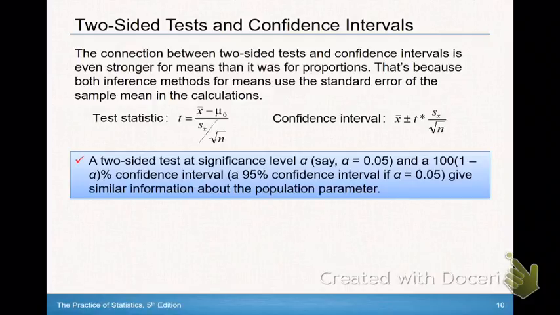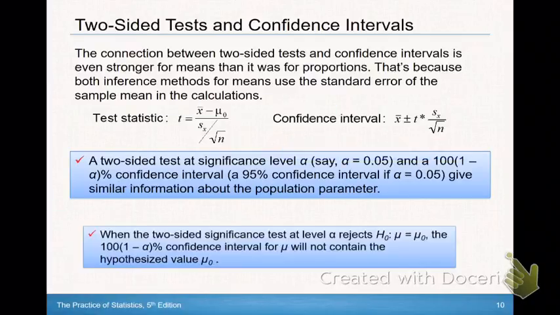A two-sided test at a significance level of alpha and a 100 times (1 minus alpha) percent confidence interval, a 95% confidence interval if alpha is 0.05, give similar information about a population parameter.